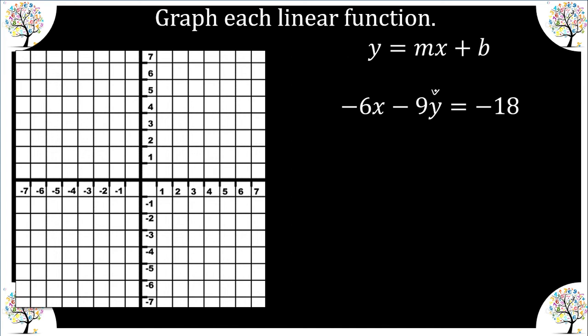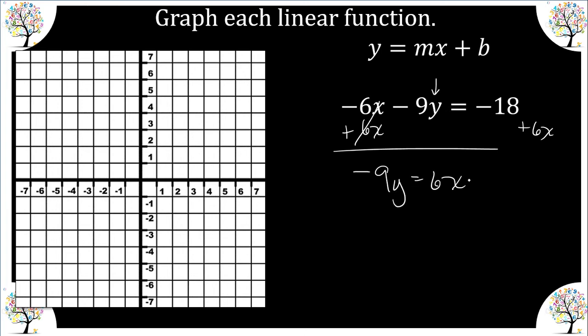We want to isolate the y, so we have y equals mx plus b. Let's add 6x to both sides. We're going to bring down negative 9 times y equals 6x minus 18. We're going to divide each term by the negative 9. Y equals a positive over a negative.